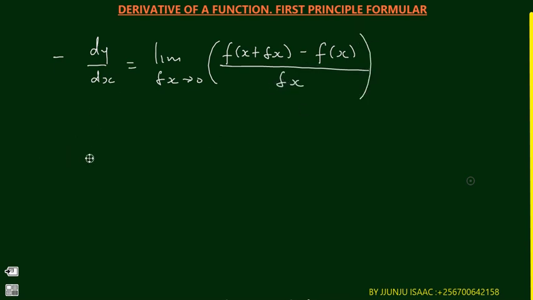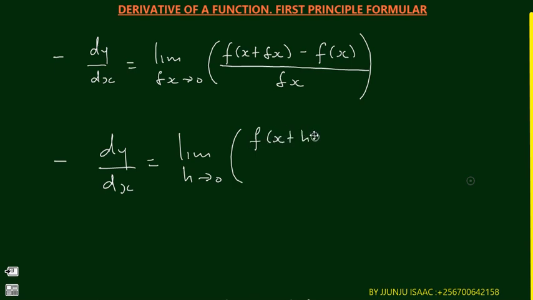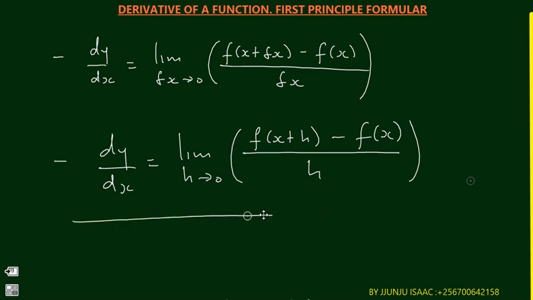We can as well write the derivative of a function as the limit as h tends to 0 of f of x plus h minus f of x over h, where h represents a small increase in x. Hope you have understood the definition of a derivative of a function.